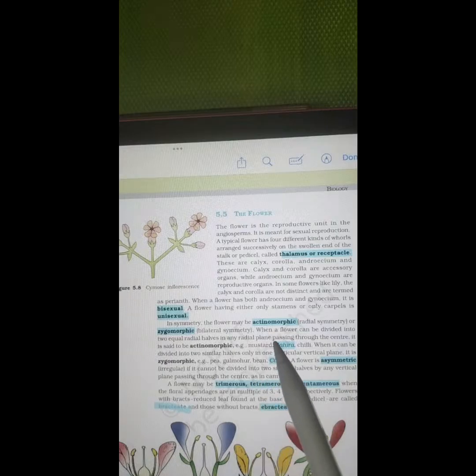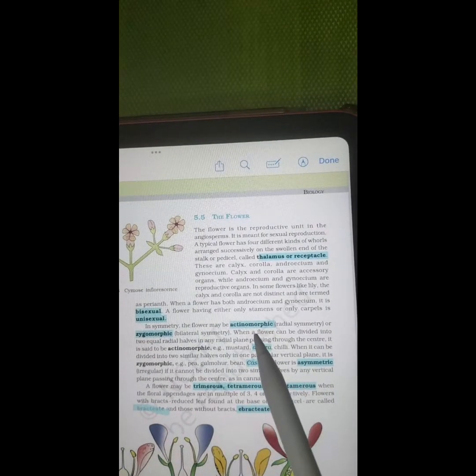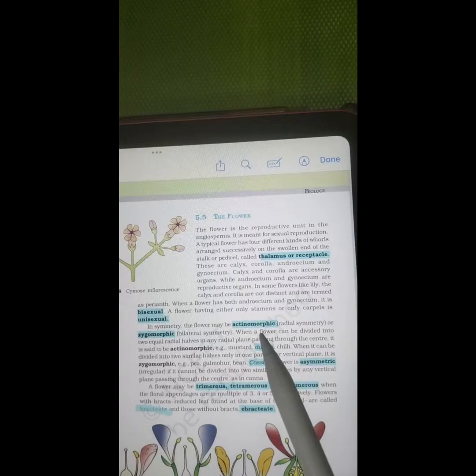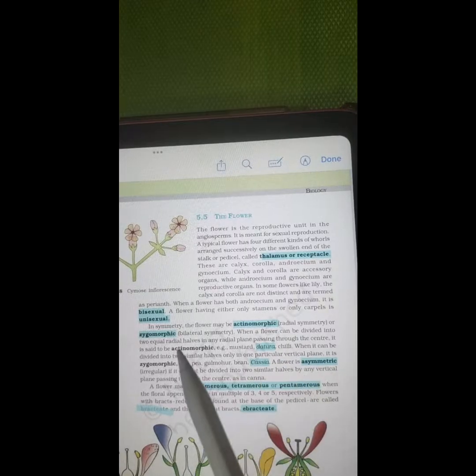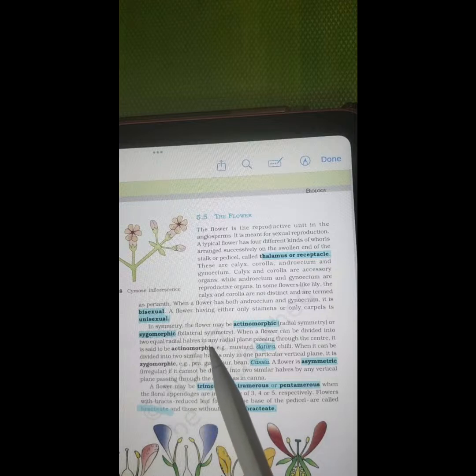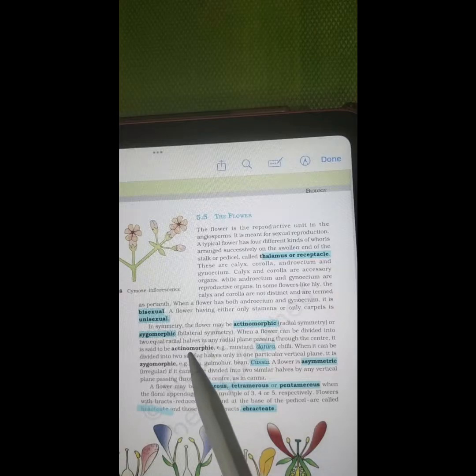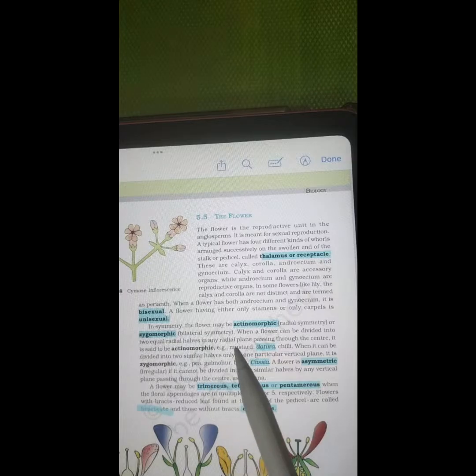Next one, actinomorphic. The word actinomorphic should be used in case the flower has radial symmetry, meaning it can be divided along its radius. Zygomorphic means the flower has bilateral symmetry, meaning you can divide it into lateral positions and you will get two equal parts. So based upon symmetry, a flower has two types of symmetry, actinomorphic or zygomorphic.